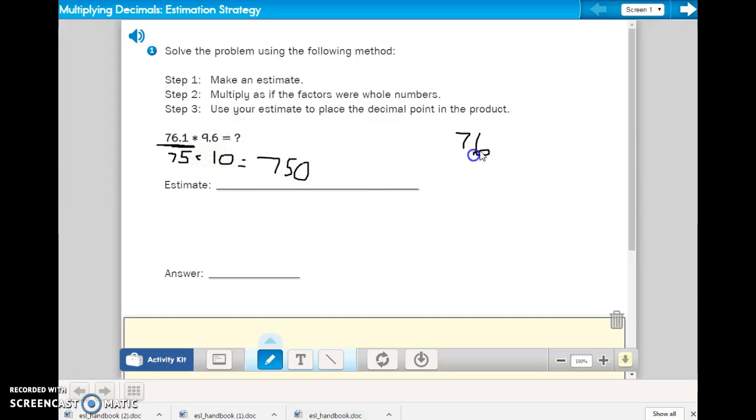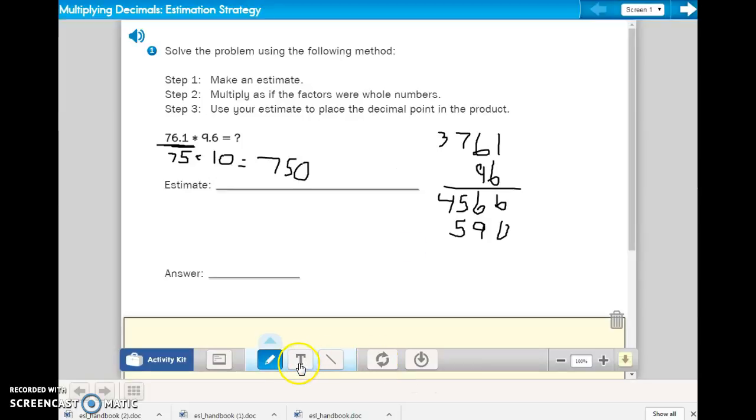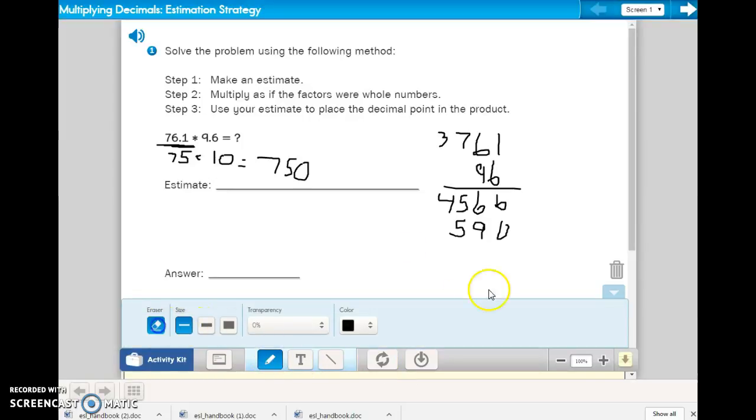So drop the decimals. It's 761 times 96. 6 times 6 is 36, 42, 45. Bring a 0. That would be 9 times 1 is 9, 54. Put a 0 on.